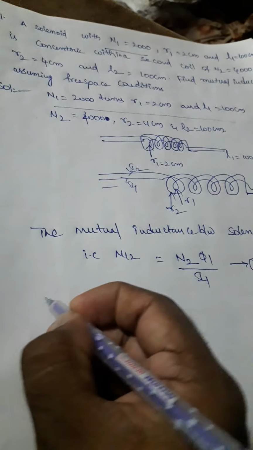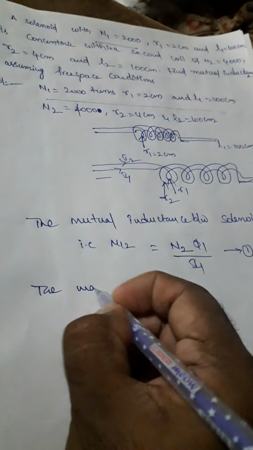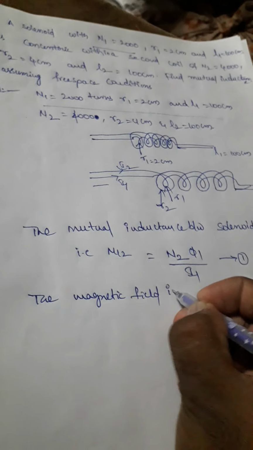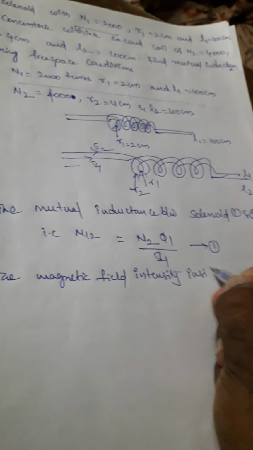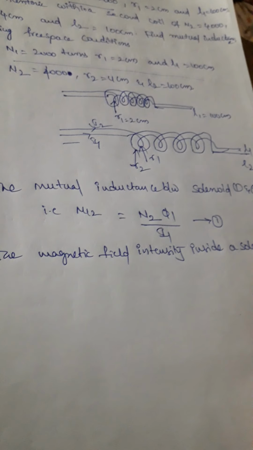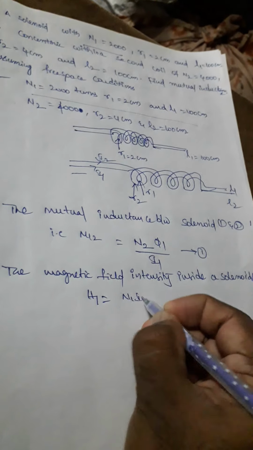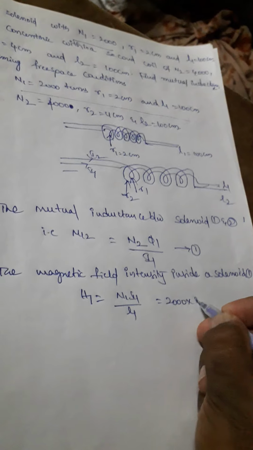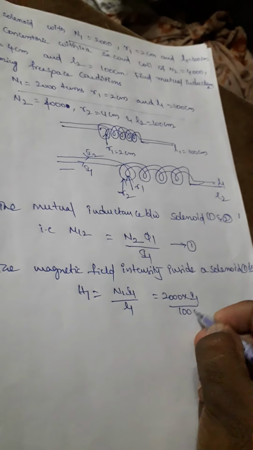Now to find out phi1, we know that the magnetic field intensity inside solenoid 1 is H1 equal to N1 I1 by L1. N1 is 2000 into I1 by L1, which is 100 centimeters, that is 10 power minus 2 into 10 power 2, that is 1.